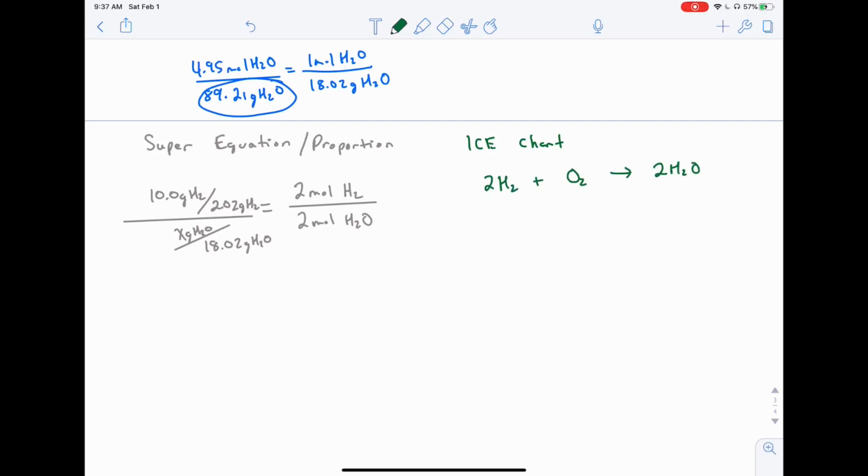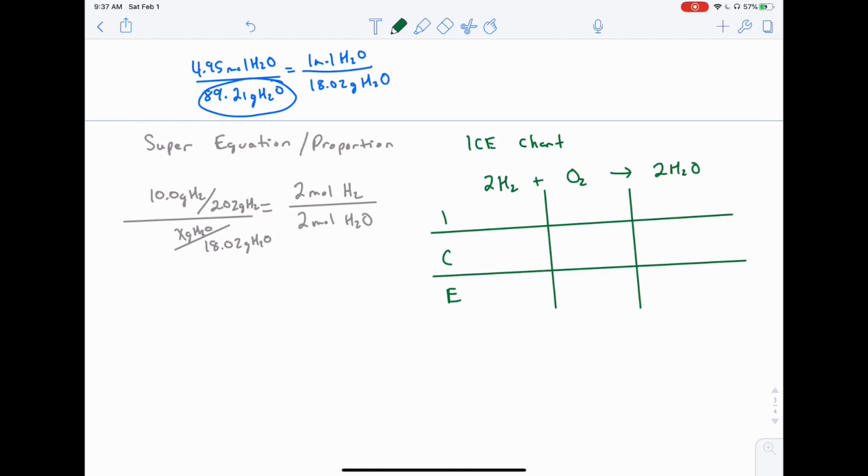You set it up like this, with I, C, and E. Everything in here has to be in moles because remember, grams don't convert. So everything has to be in moles in this scenario. The amount of O2 doesn't really matter, so we can skip that part. And we start with 0 H2O.